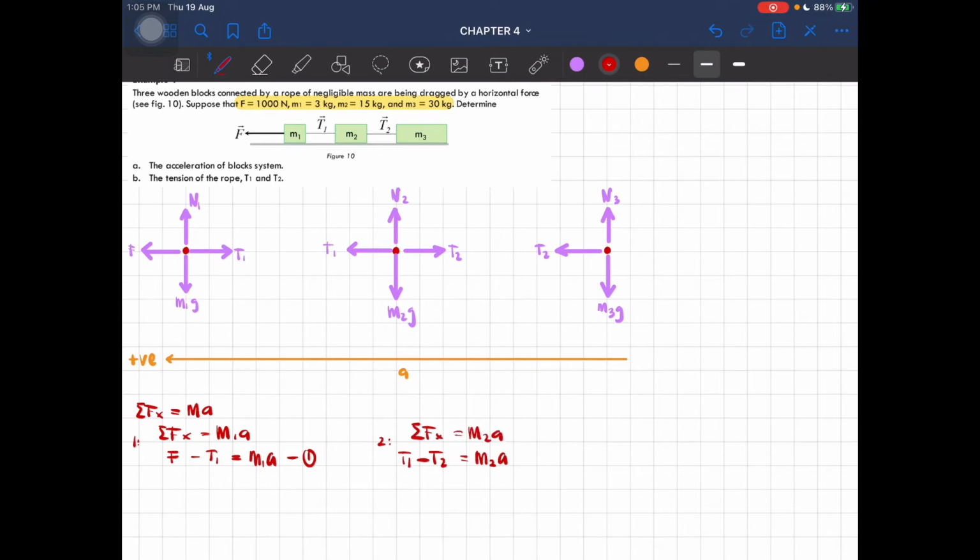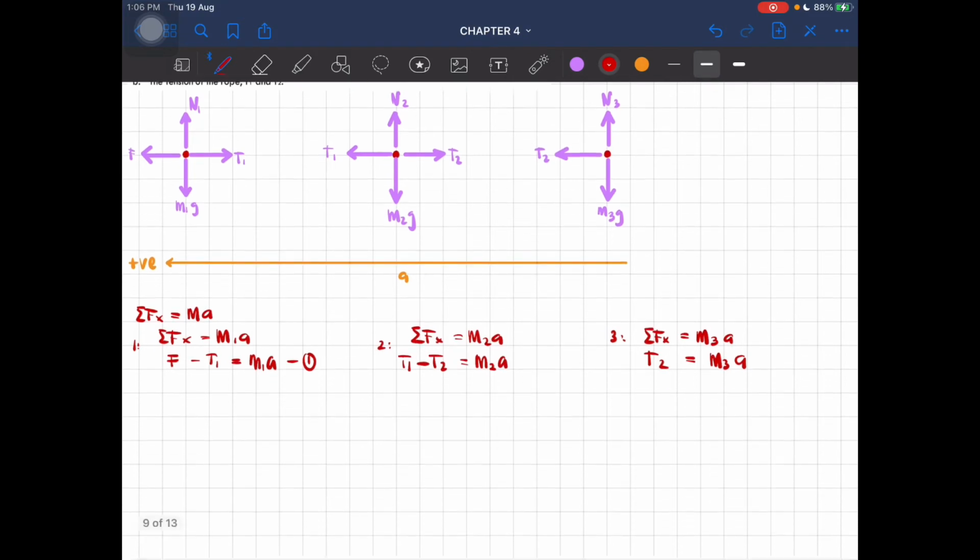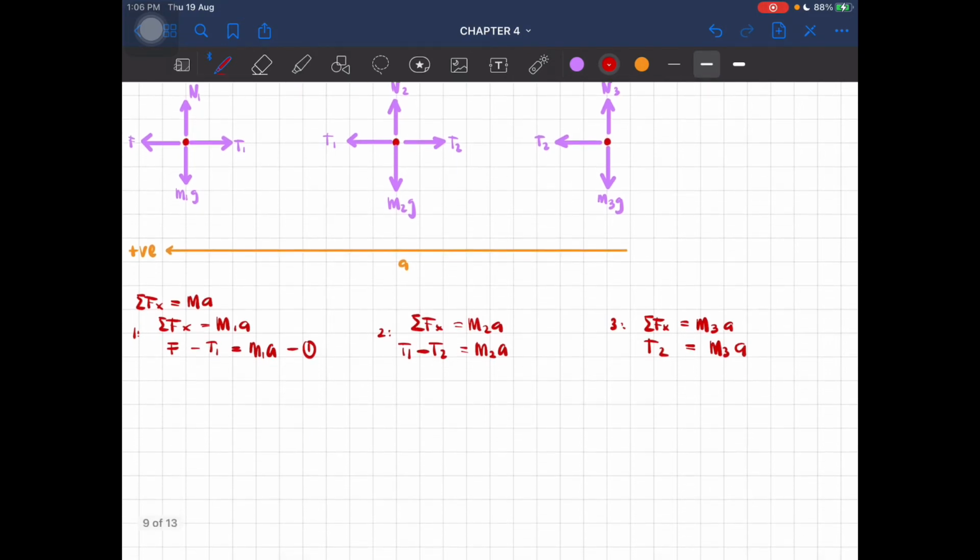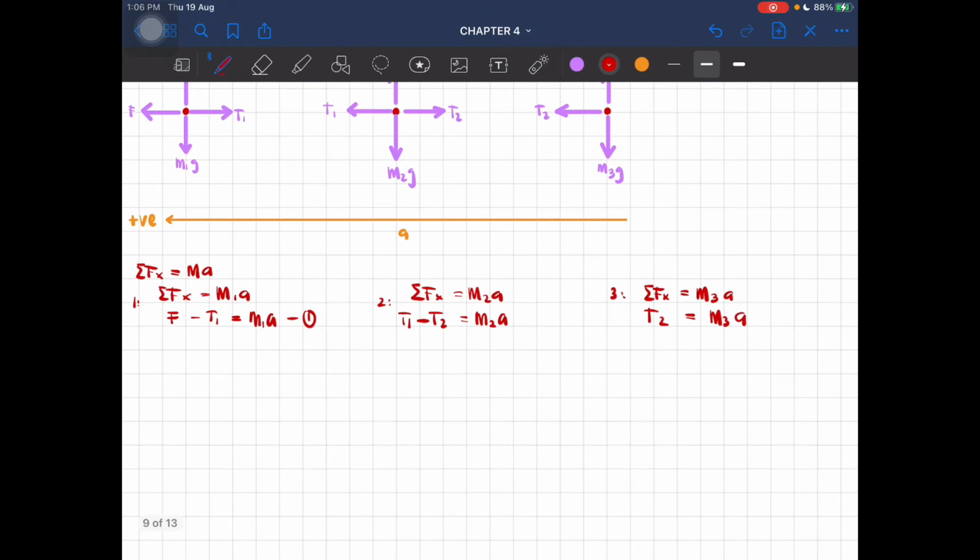And then for the third block, total Fx is equal to M3A. So T2 equal to M3A. Okay? Alright, now we are looking at the X component. Sorry, just now I wrote G because I thought we were looking at the Y component, which is wrong. We are looking at the X component. Right? Now, this is equation 1, equation 2, equation 3.